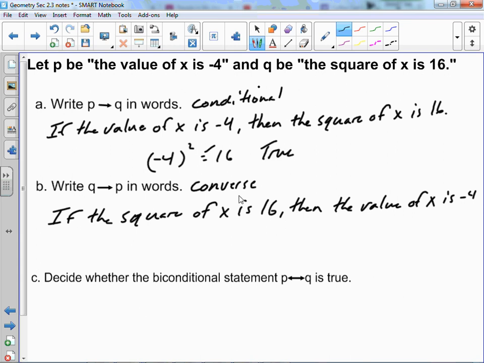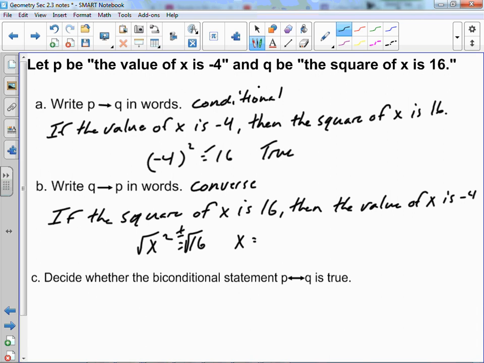If I write the converse here, if the square of x is 16, then the value of x is -4. So if I say x squared equals 16, if I take the square root of that, is -4 the only answer I could get there? Right. Remember, when you insert a square root to solve, you also have to put a plus or minus in there.